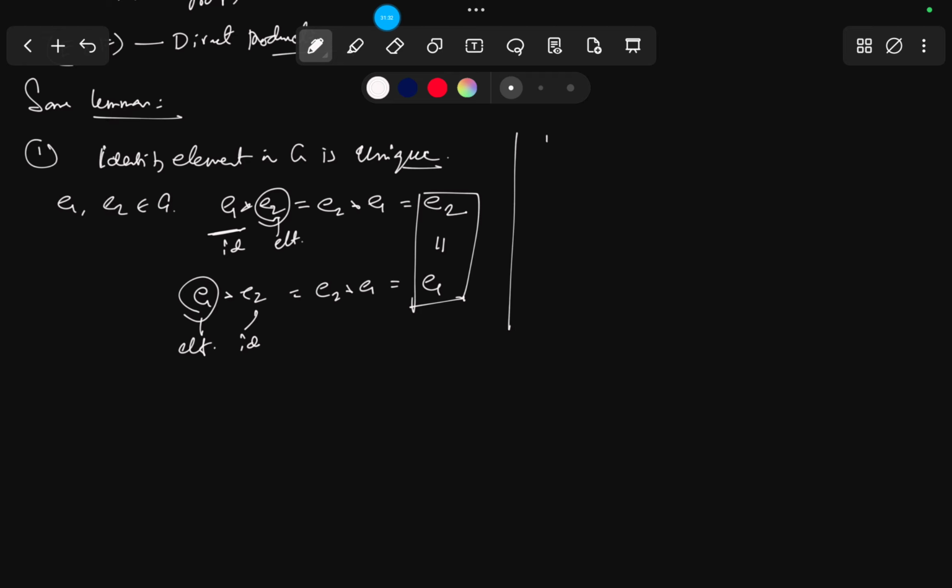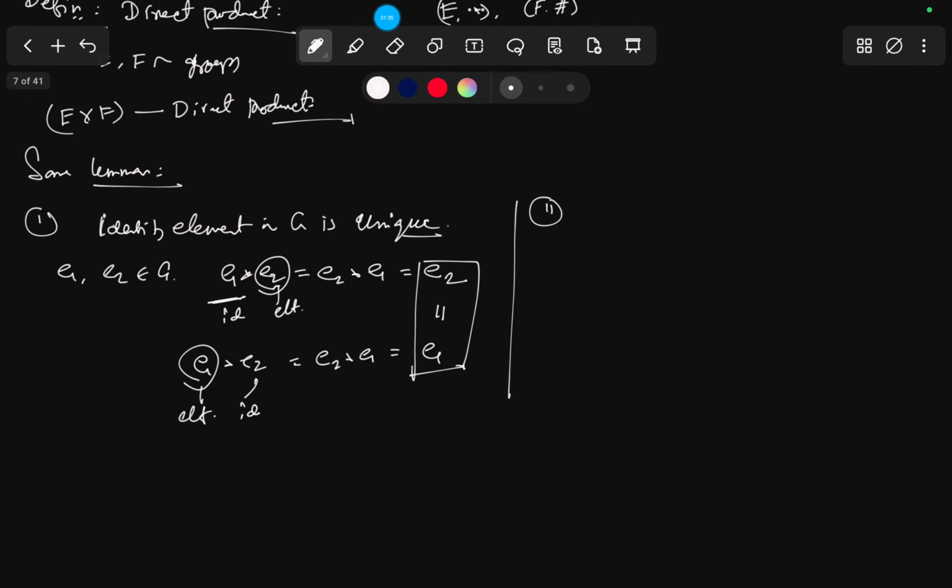Secondly, the inverse of every element is unique.